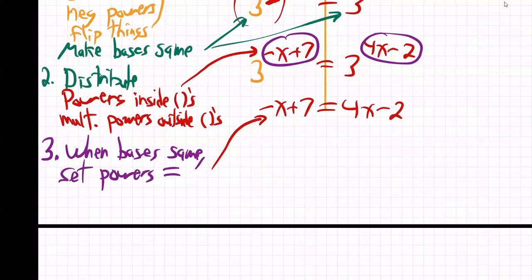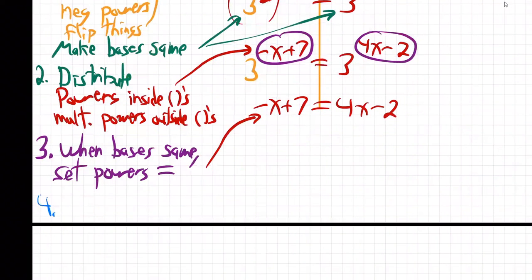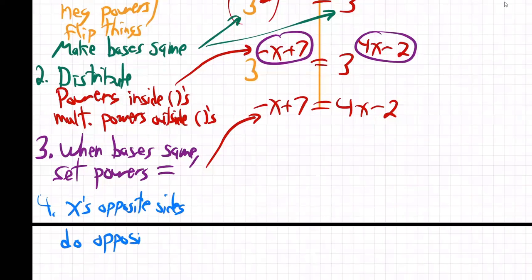And so then step 4, what do you do when you have x's on opposite sides? You do the opposite of one of them.